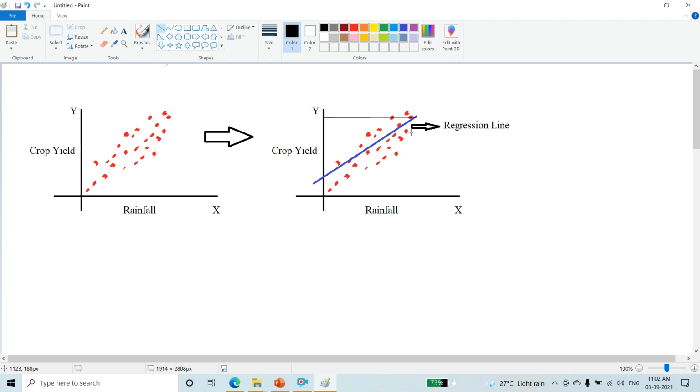If I consider this point, through this and from the line to this, we get the data set correctly on the regression line.